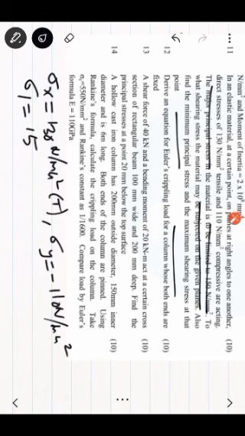Major means it is sigma 1. So they are asking tau max equal to how much, and sigma 2 equal to how much.